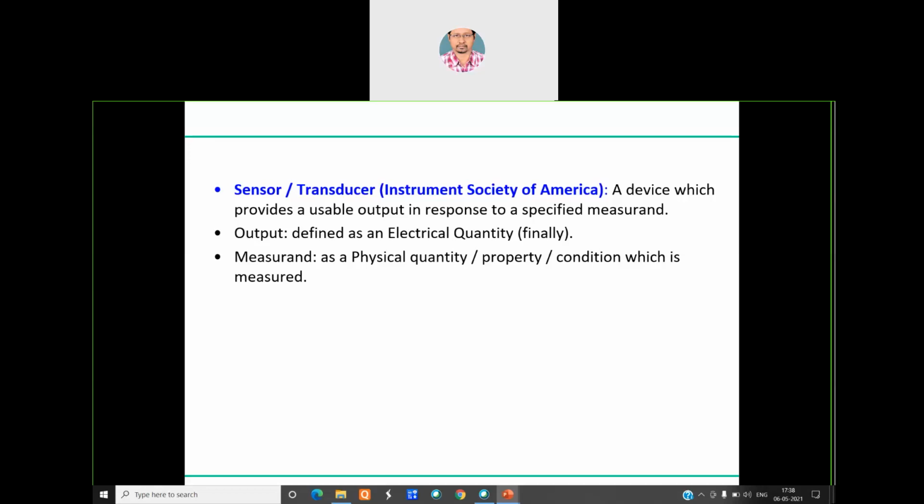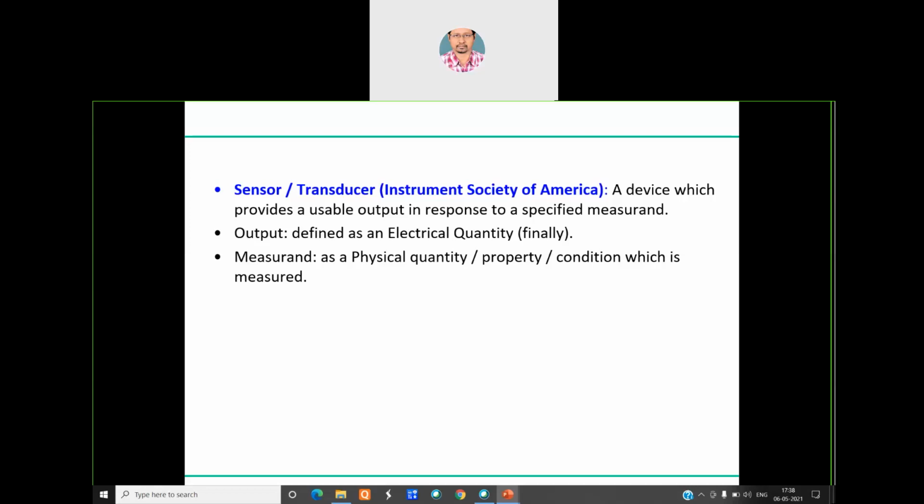It is a device which can measure the transduction of energy. Transduction means a device which is used to measure the conversion of one form of energy into another form. A very generic definition.